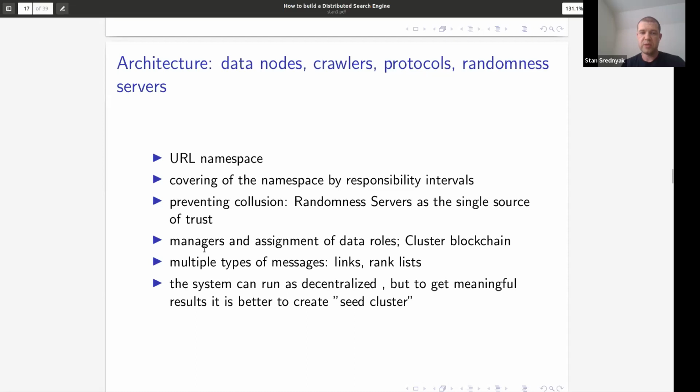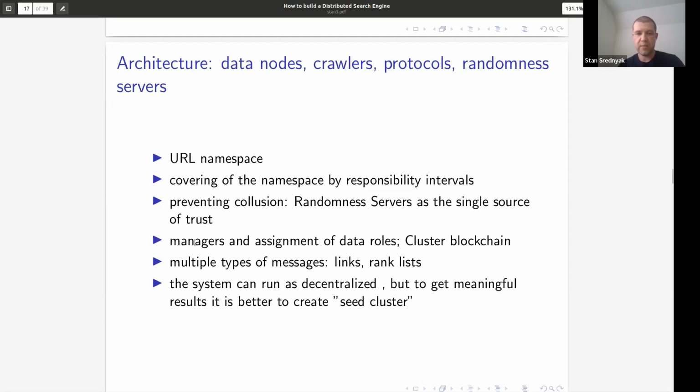So we would need some manager nodes to do assignment of data roles, but even the manager roles can be decentralized. Basically, we envision splitting the whole population of nodes into two subpopulations. One population is doing the crawl and data service roles, and then there is another subnetwork that collects the statistics and does the job distribution in the worker network.